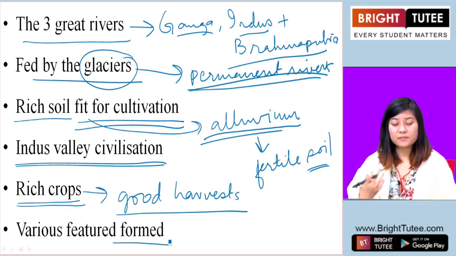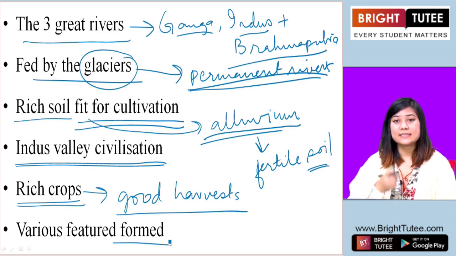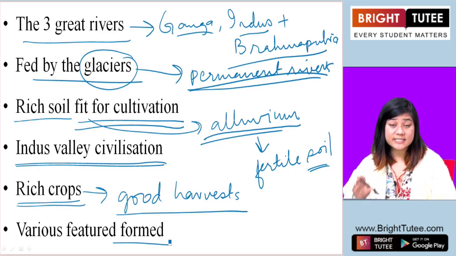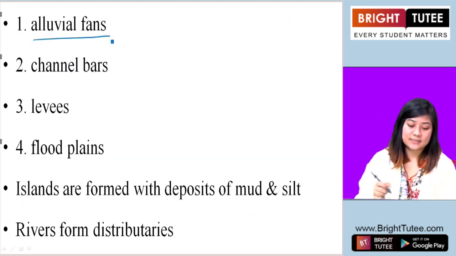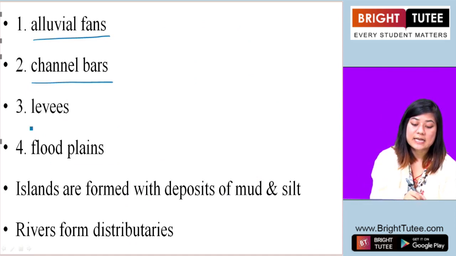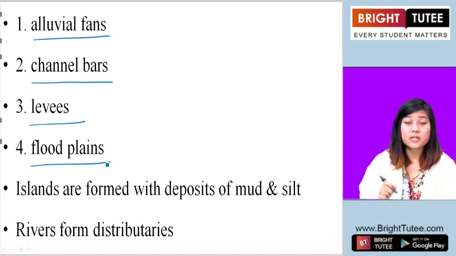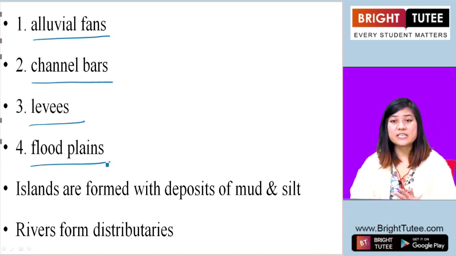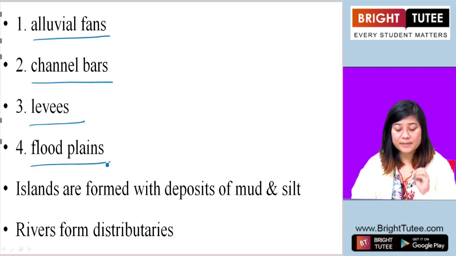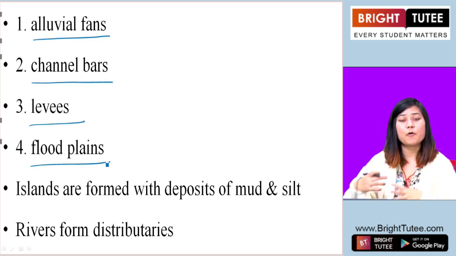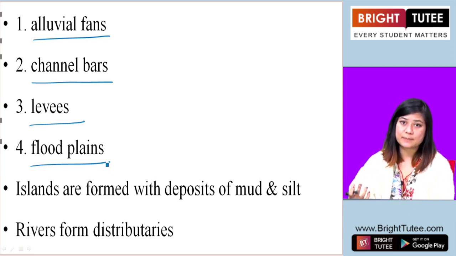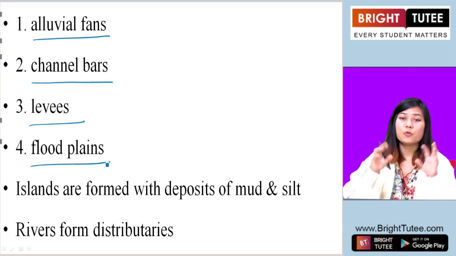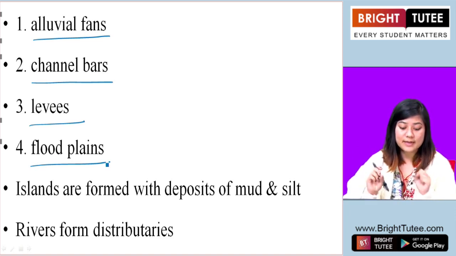Some of the important forms that these deposits take are alluvial fans, channel bars, levees, and flood plains. These are some distinct formations of alluvium deposits that take place with the help of the river, which brings the alluvium and deposits.